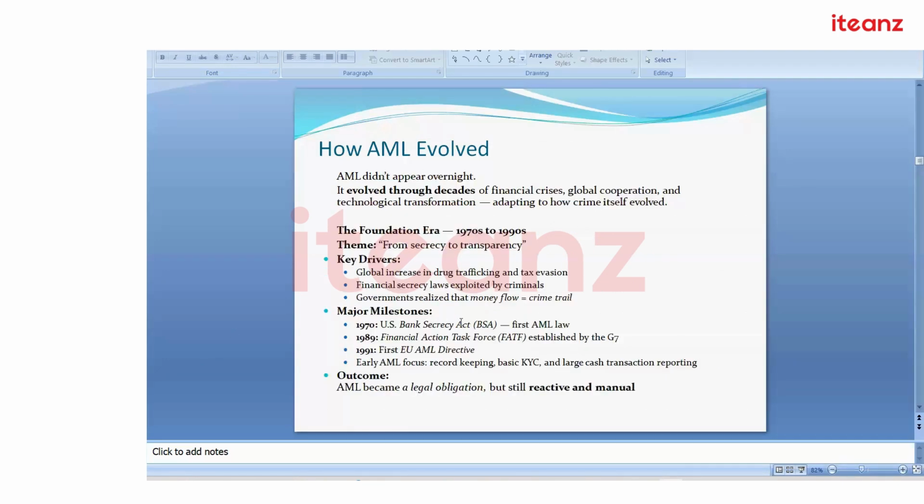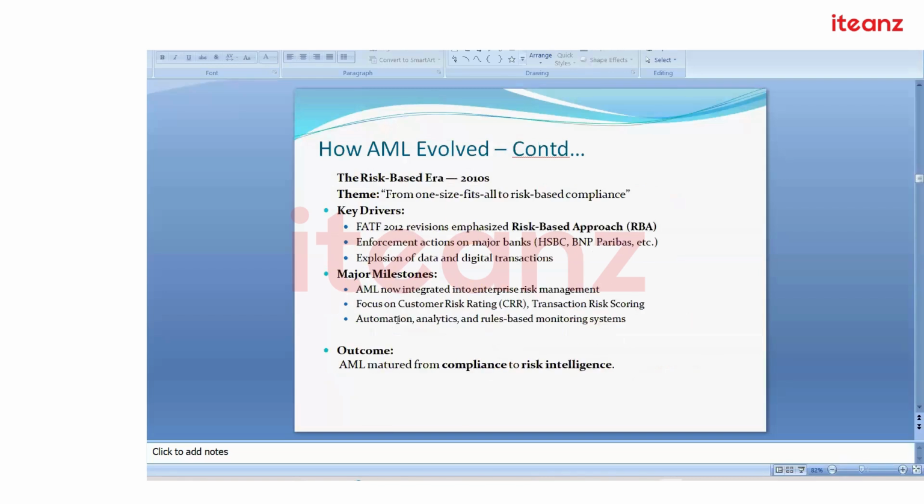AML evolved, and all these things we discussed yesterday, so I'm not going into them. This risk-based approach, what I have written, I'm giving you a high-level definition now. I'll go very deep into this later on.